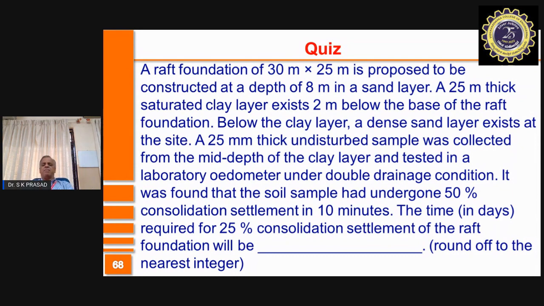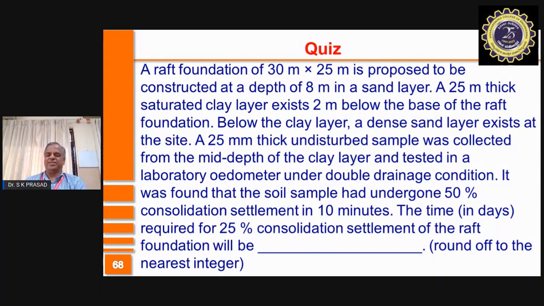A 25 mm thick undisturbed sample is taken for laboratory testing from the mid depth of the clay layer and tested in the laboratory odometer under double drainage condition. It was found that the soil sample has undergone 50% consolidation settlement in 10 minutes. The time taken for 25% consolidation settlement in the field of the raft foundation is dash.